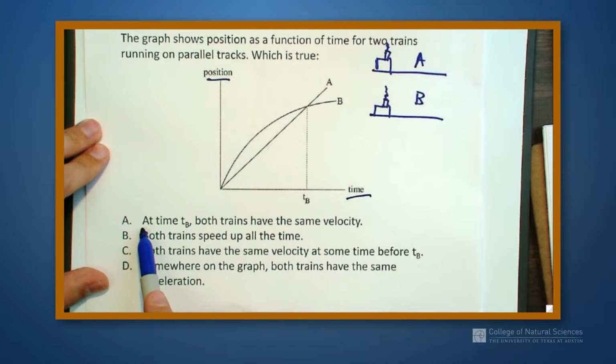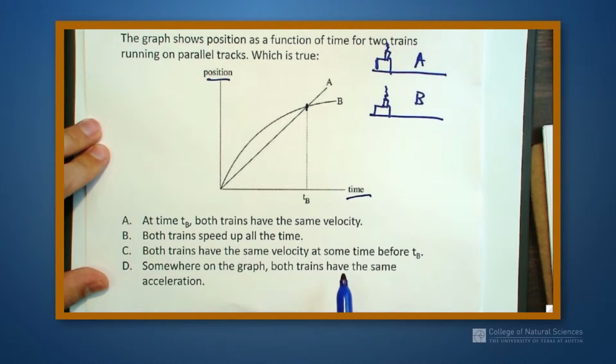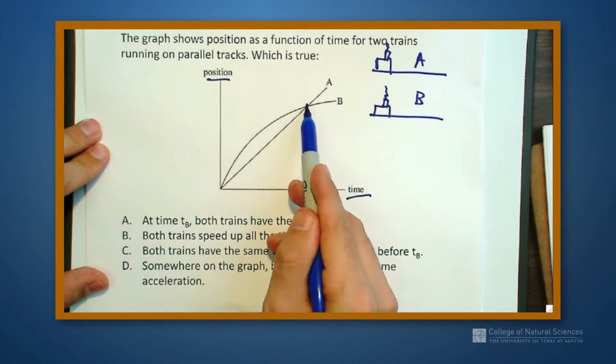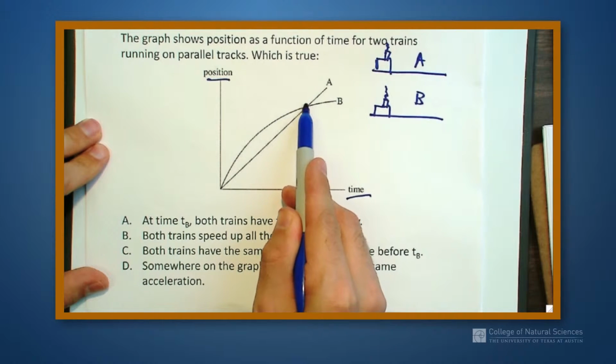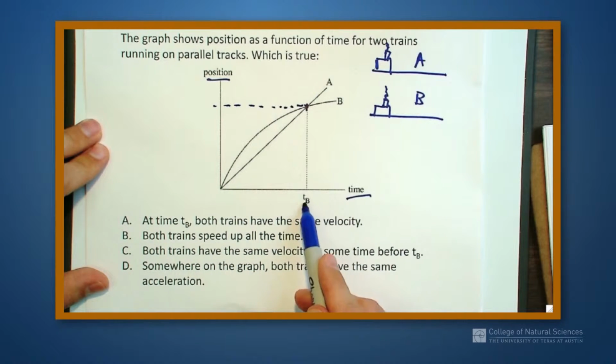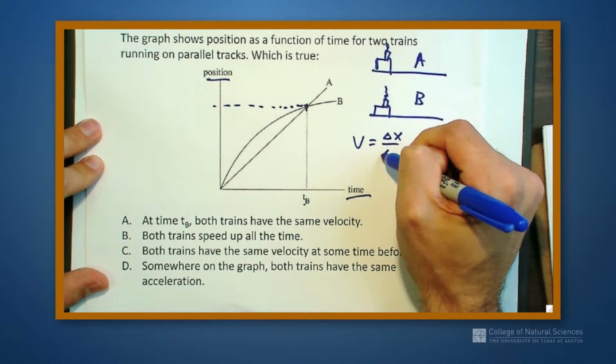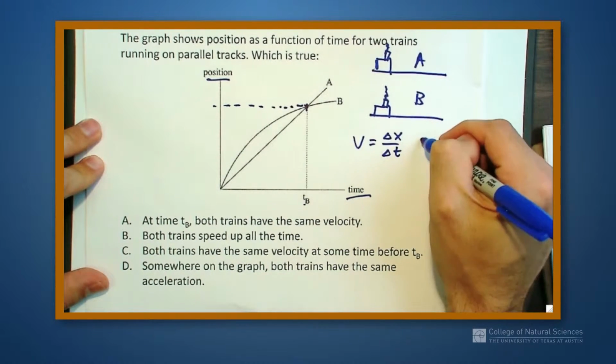So first choice A says that at time tb, at this point right here, they both have the same velocity. Well, this graph says that they're at the same position, right? They're at the same position at the same time when tb happens. However, the velocity is the change of position over the change of time, or the slope.